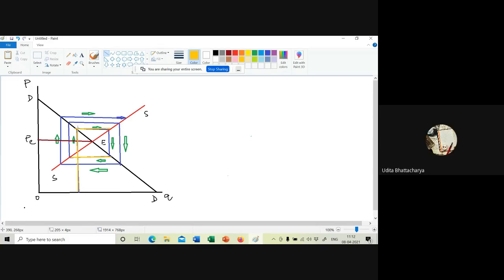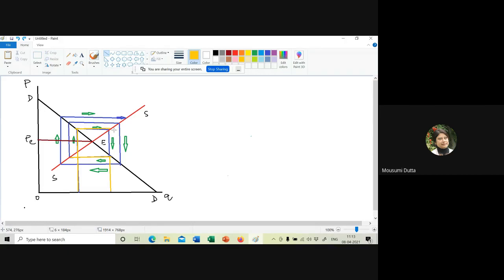The demand price, and this is the supply price. If you drop this, this is the supply price, or you can say this is the quantity demanded. If I draw a line like this, this is quantity supplied, this is quantity demanded, and price is given by this one.